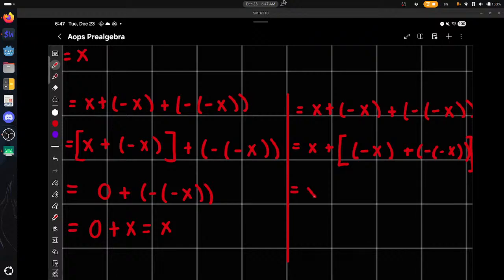Well, we know that the double negation is really just x. So this just becomes 0. So we're left with x again.